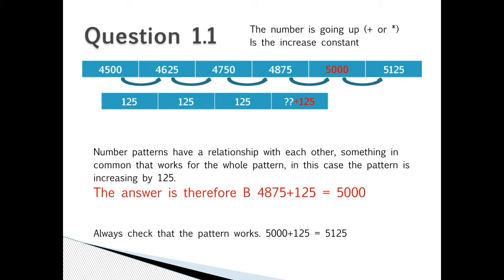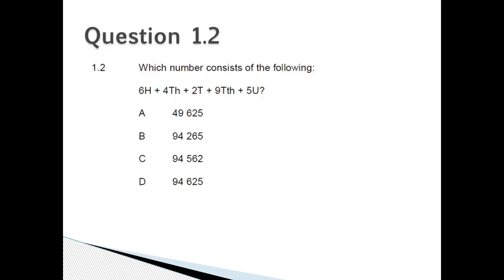The answer is therefore B. 4,875 plus 125 is equal to 5,000. You always need to check that the pattern works, so 5,000 plus 125 is equal to the final number of 5,125.